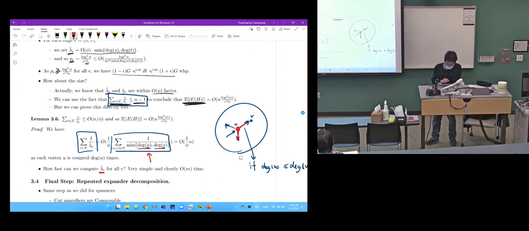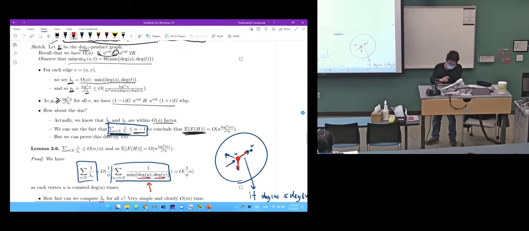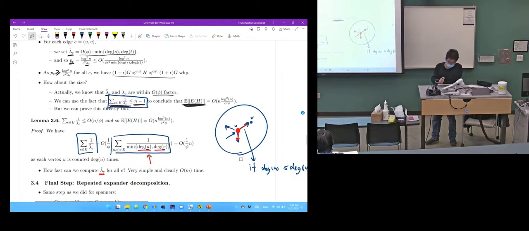It's really just computing, for every edge e, comparing the degrees of the two endpoints. So clearly you can compute all of this in linear time in total.